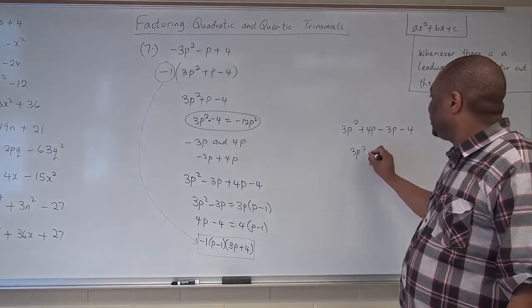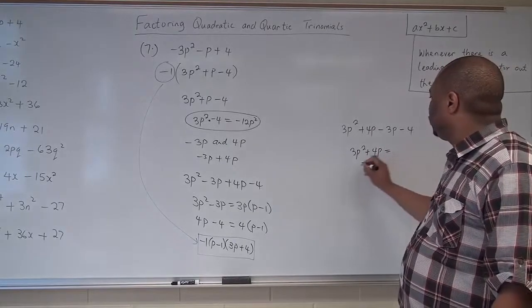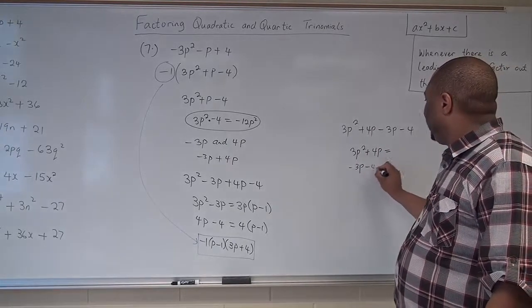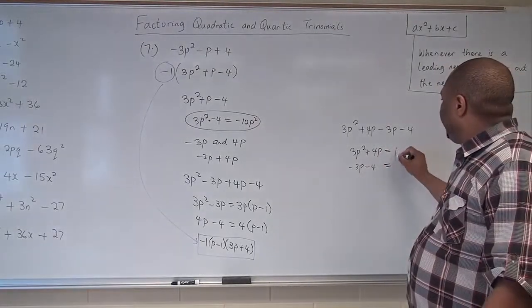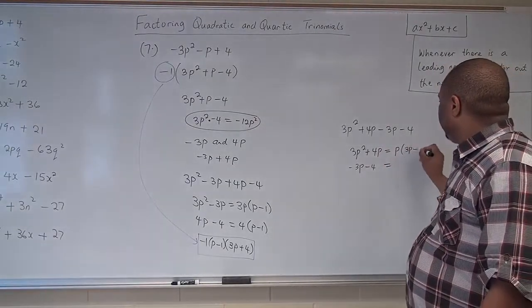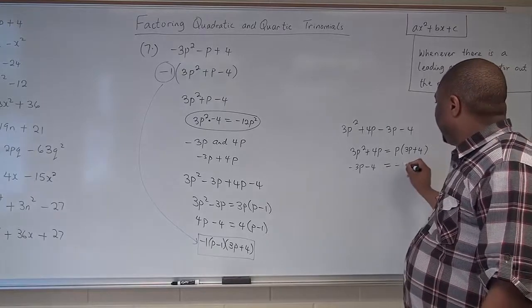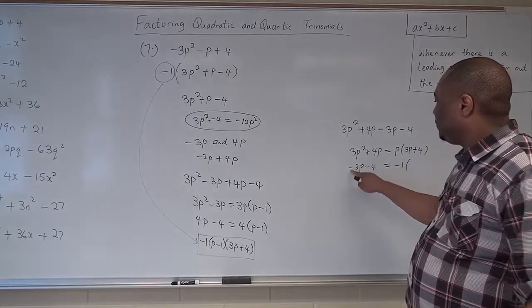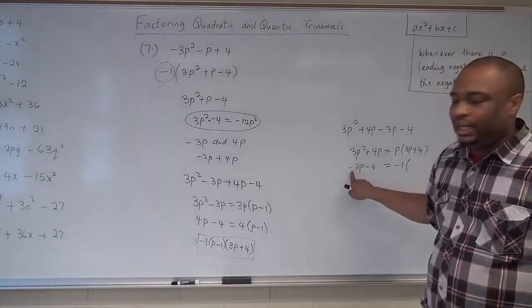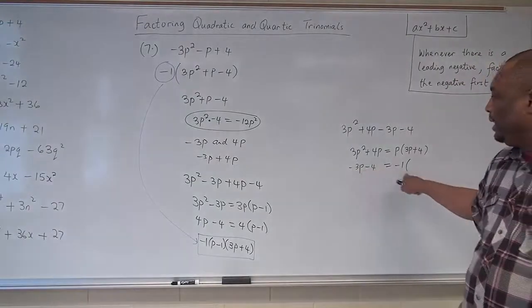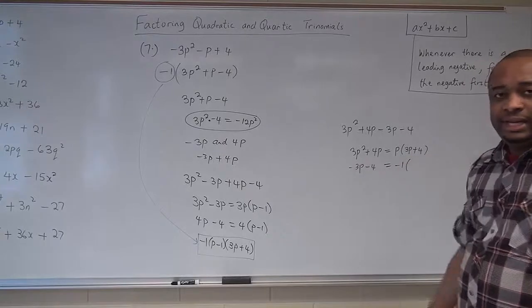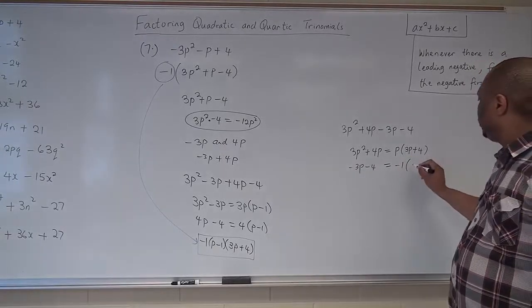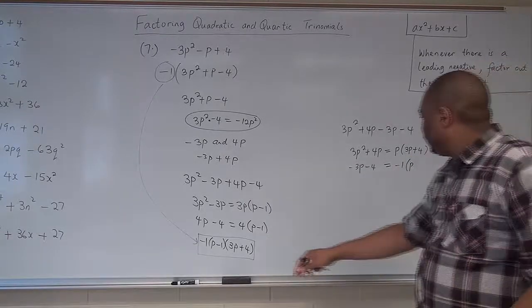You will still get the same answer, but you will run into leading negatives. This is still 3p plus 4, and this will be negative 1, because whenever you have a leading negative, you factor out the negative. So this is negative 1 times 3p plus 4.